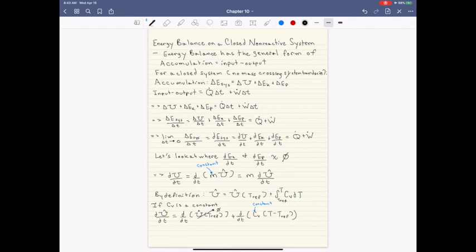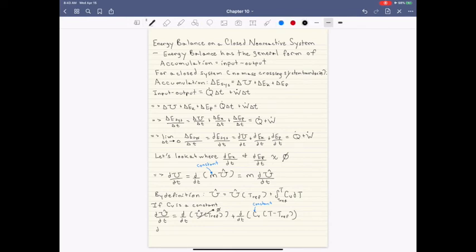Also, if we think about this term by term, the derivative for CV times temperature with respect to time, I'll just write it out here.